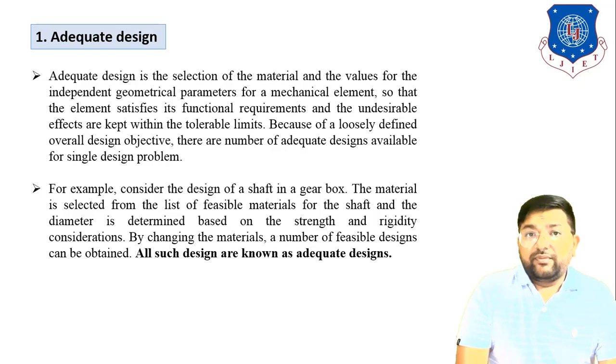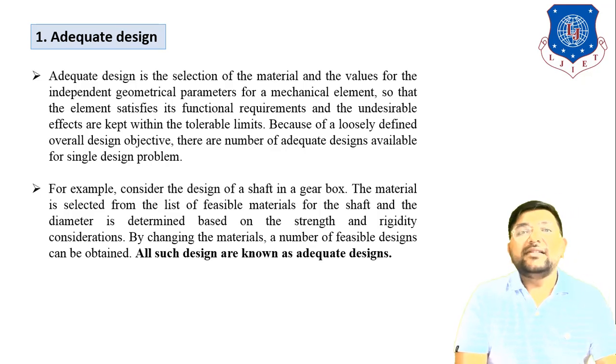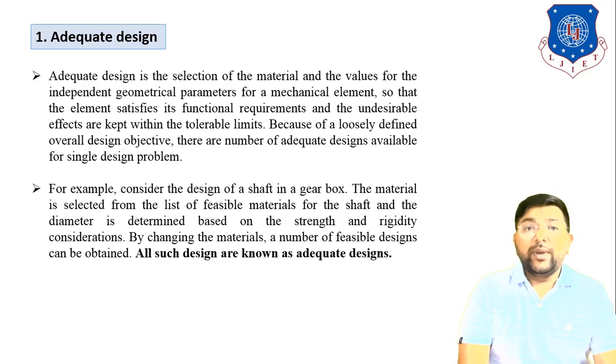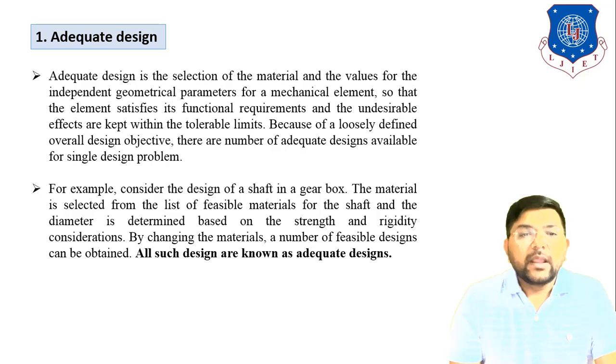First of all, you know how to define the material of any product, based on its application and its function. Once we discuss the material of the shaft, two parameters come into picture in your mind. First, what is the strength of the material, and second, what is the rigidity of the material.